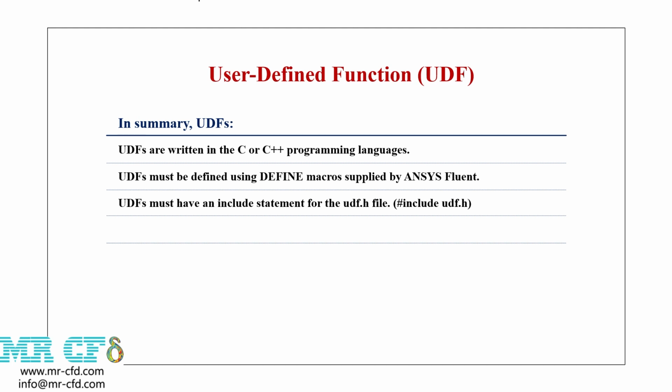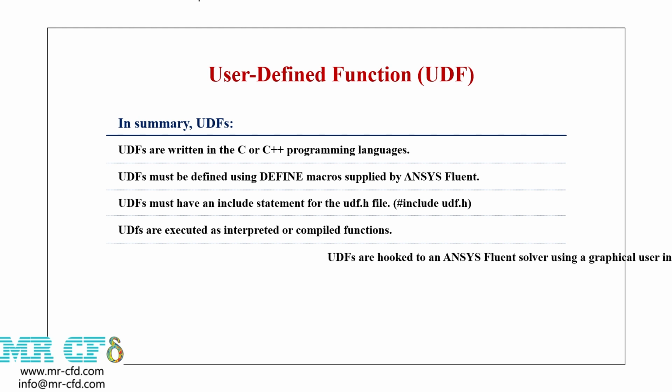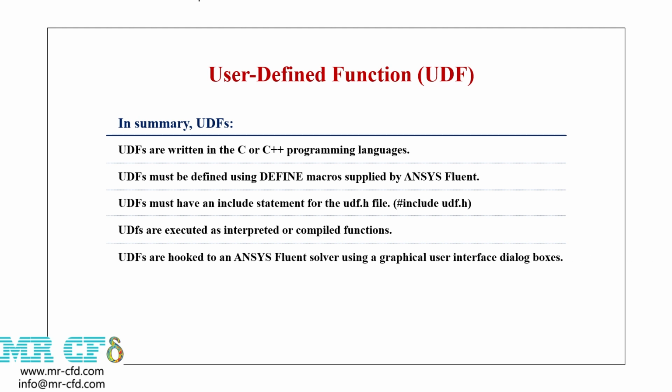This command links and establishes a connection between the UDF program and Fluent software so that the program can be defined in Fluent. These UDF programs are executed in Fluent by two methods, interpretive and compiling. UDF programs are linked to Fluent software by the graphical user interface panels available in the software environment.